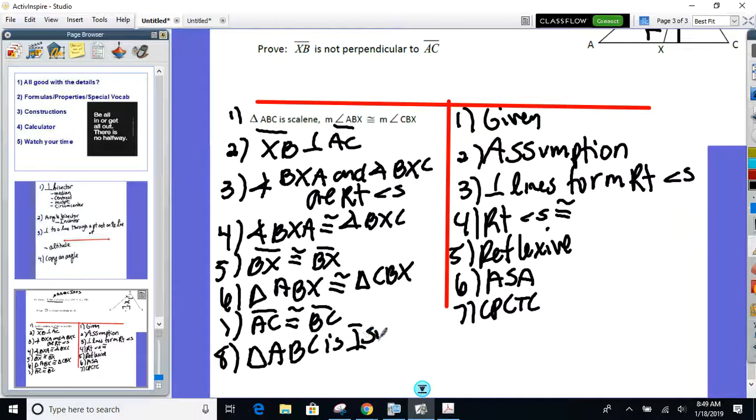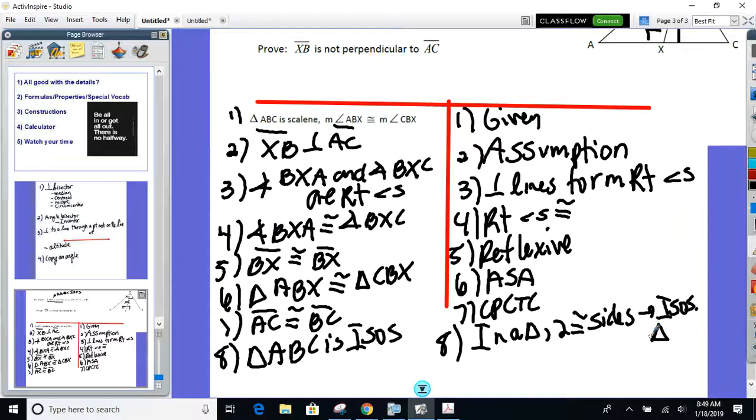That's a problem because in the givens it said it was scalene. Why is it isosceles in a triangle? Two congruent sides imply an isosceles triangle. And now we have a contradiction. So XB is not perpendicular to AC.